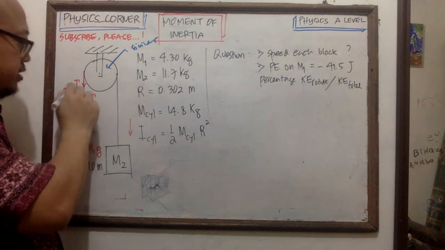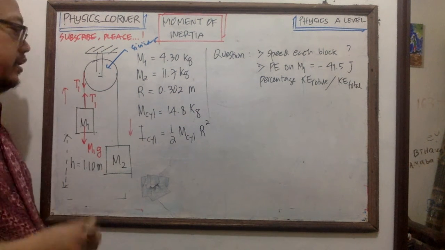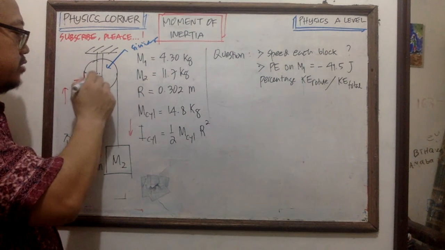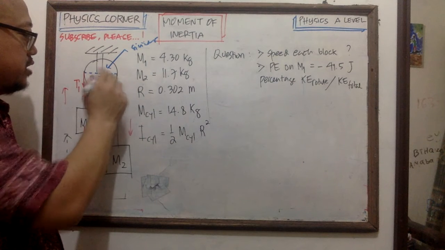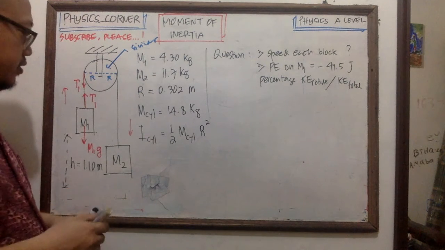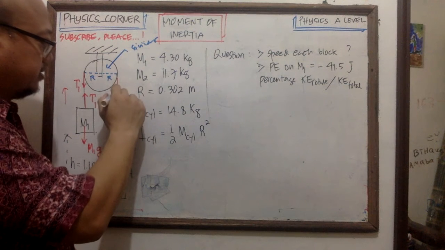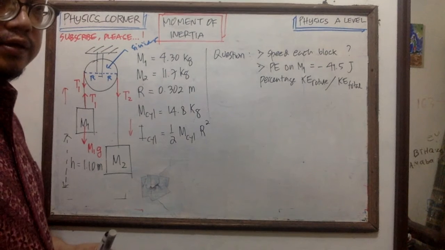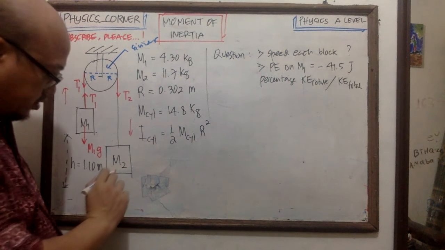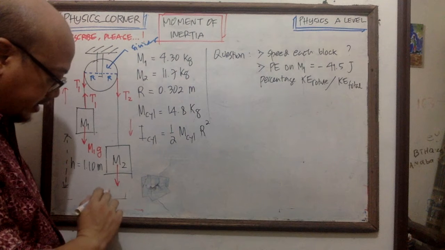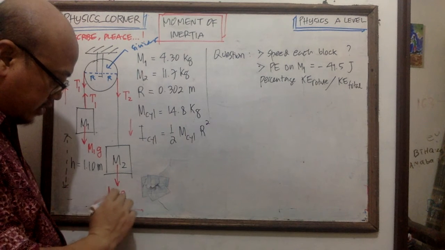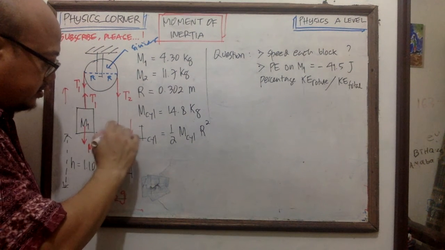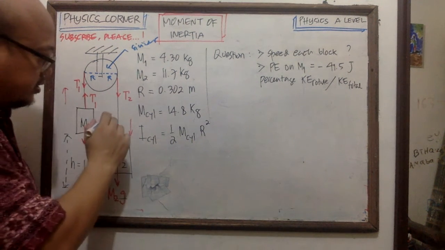Let's say this is T1, and this is also T1, acting at radius r, and this is also radius r, acting with T2. And m2 also has a weight m2 times g and the tension in the rope, T2.